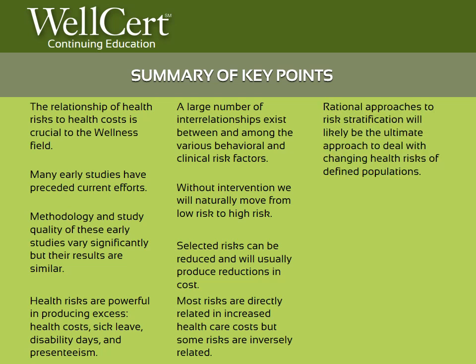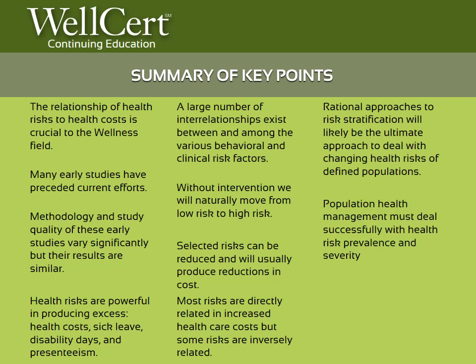Now, rational approaches to risk stratification will likely be the ultimate approach to deal with changing health risk of defined populations. So we ultimately are going to probably end up doing more of a risk stratification approach. Population health management must deal successfully with health risk prevalence and severity.